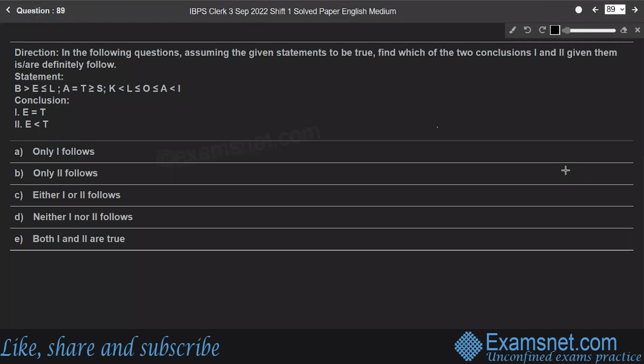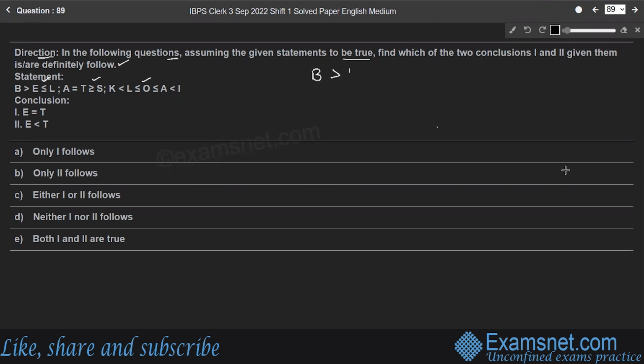Question 89. Here the direction is, in the following questions, assuming the given statements to be true, find which of the two conclusions 1 and 2 given is or are definitely follow. Here there are 3 separate statements given, right? So let us write those.